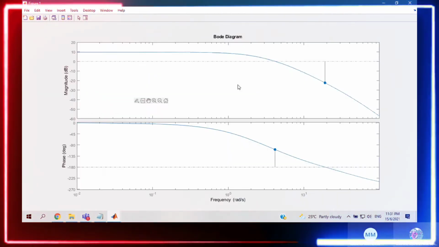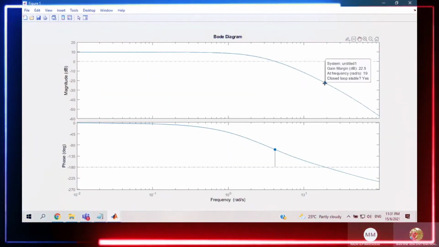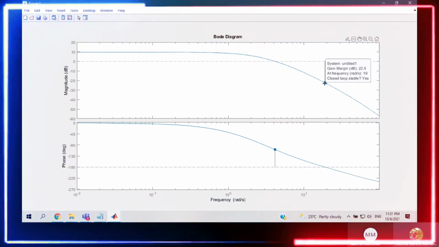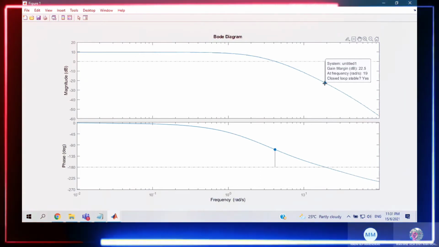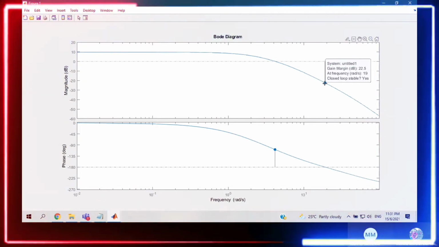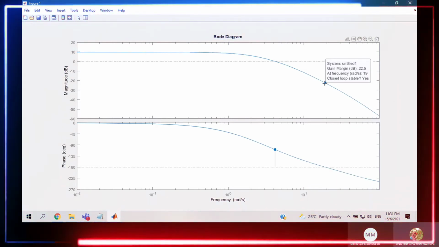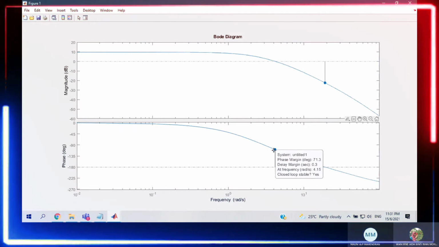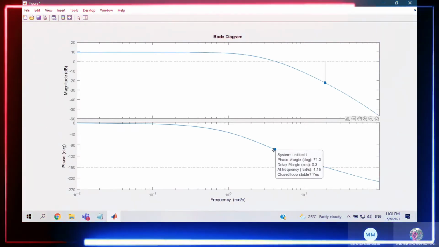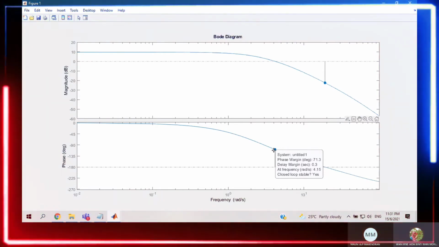MATLAB will automatically show the gain margin, where it gives 22.5 at frequency 19 for magnitude, and for the phase margin we got 71.3 at frequency 4.15.